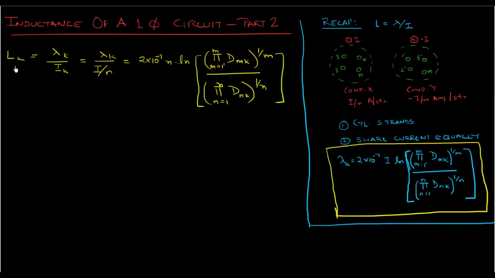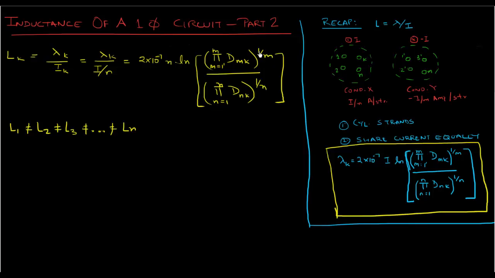So what you've defined is the inductance for any strand k within conductor X. But what we have to realize here is, in this conductor X, and you can see that from this formulation, L_1 is not equal to L_2, is not equal to L_3, and so on, all the way to L_n. The inductance of all of these strands, though they're in conductor X, individually are not all equal.